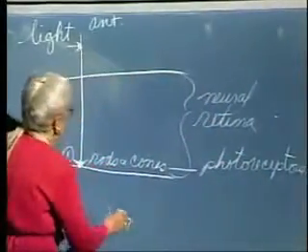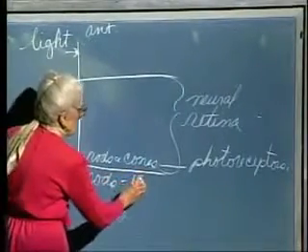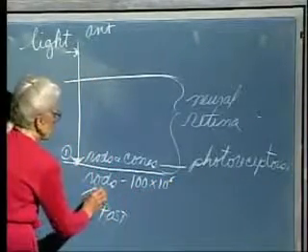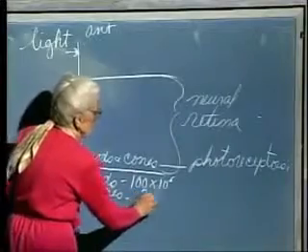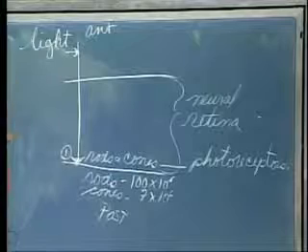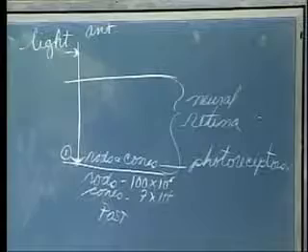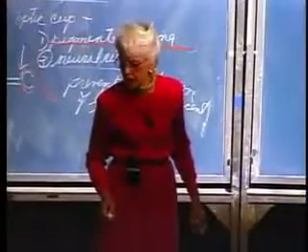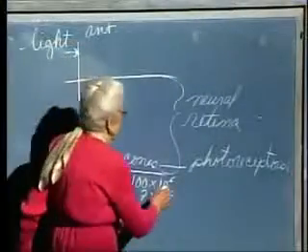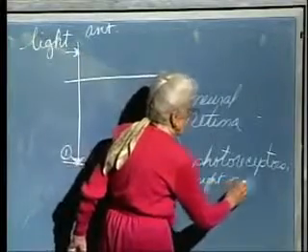How many rods do you have? About 100 million. How many cones? About 7 million. Why do you need rods? What do they do for you? Night vision. Dim vision, right? Night vision, or dim vision.